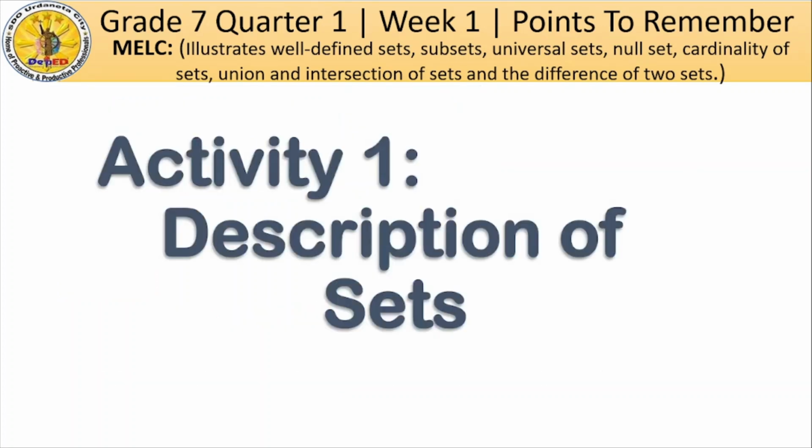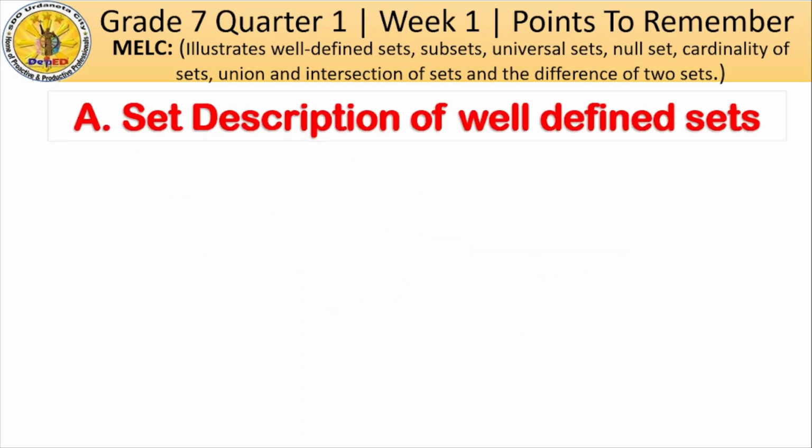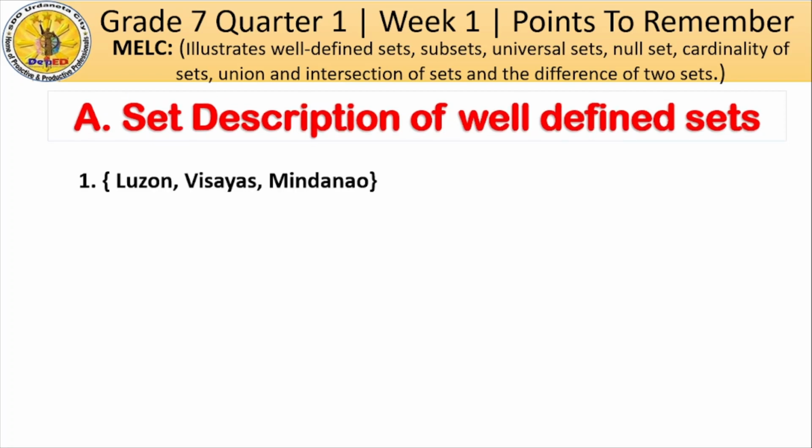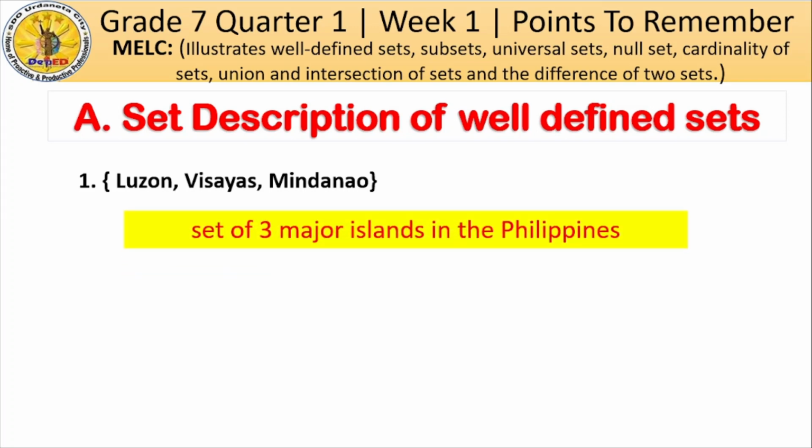Ngayon naman, talakayin natin kung paano sagutin ang activity number 1 entitled Description of Sets. For this activity, we will determine the set description of given well-defined sets. For instance, we have the set Luzon, Visayas, and Mindanao. This well-defined set has the set description of 3 major islands in the Philippines.